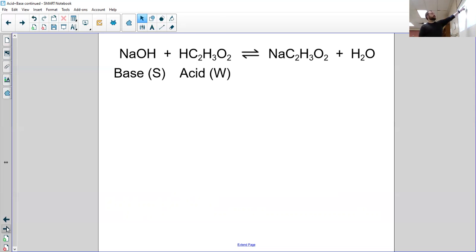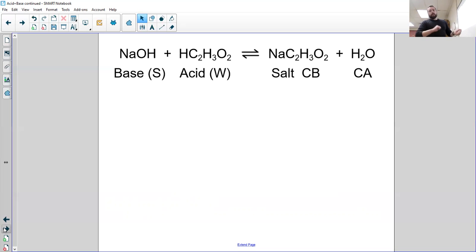So if we have a weak acid or a weak base, we're going to have an equilibrium reaction. So we need to use this double-headed arrow in the middle. If we have equilibrium, for any acid-base reaction, we have to define our salt and our water. Our salt, not necessarily table salt, is the ionic compound that's not an acid or base. 99 times out of 100, we're going to have our conjugate acid as water and our conjugate base as our salt.